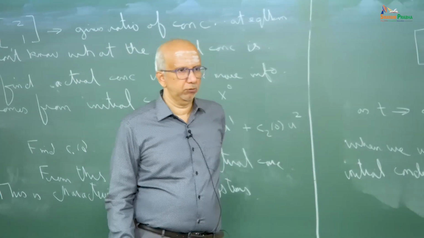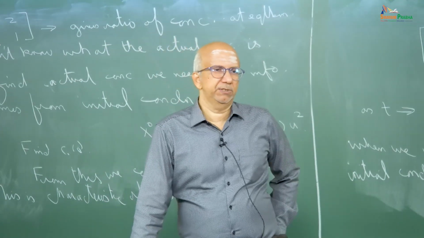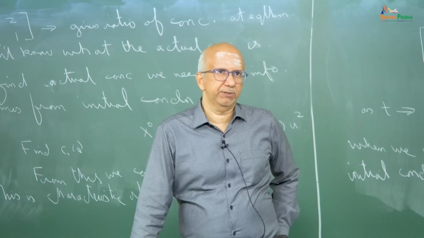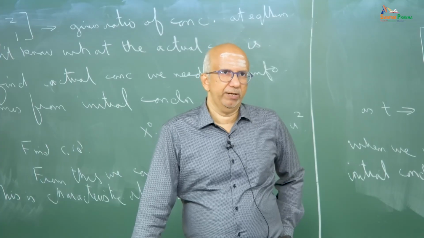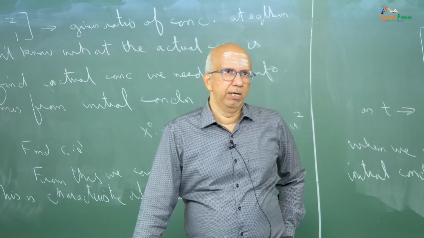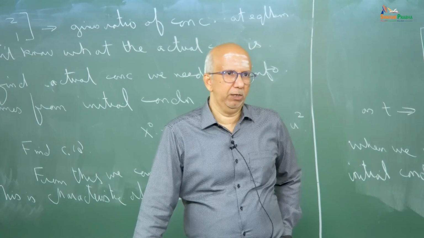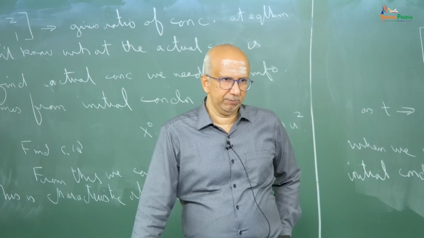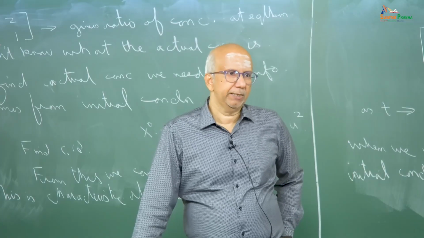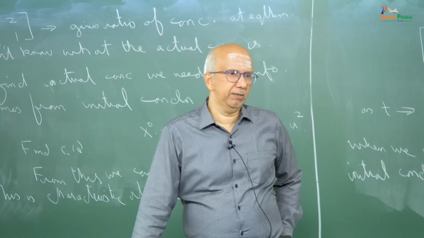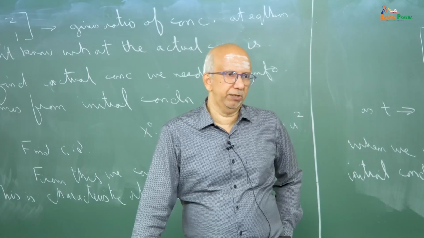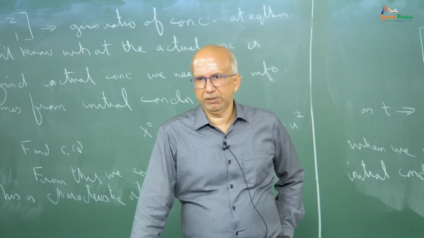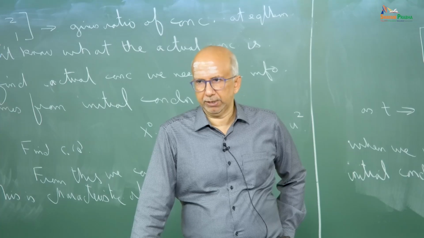Okay. So, basically what I am trying to tell you is that the eigenvector in this problem can also have a physical meaning. It is not just a mathematical entity. The eigenvector is telling you something about the ratio of the concentrations, or a ratio of the temperatures. Okay.